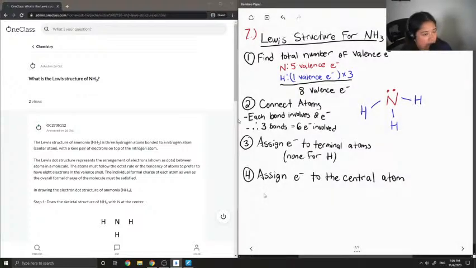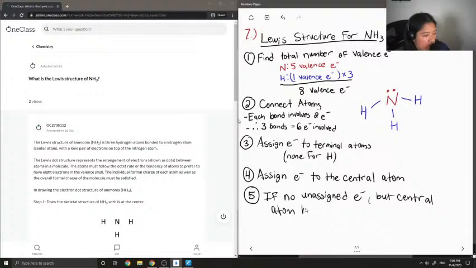So all of our electrons should be accounted for, but I'm still going to write down the last step, which is when you have no unassigned electrons, but your central atom doesn't have an octet, this is when you can make double or triple bonds.